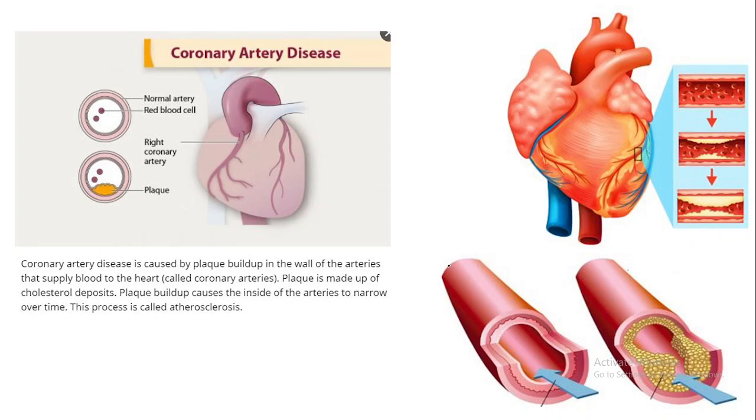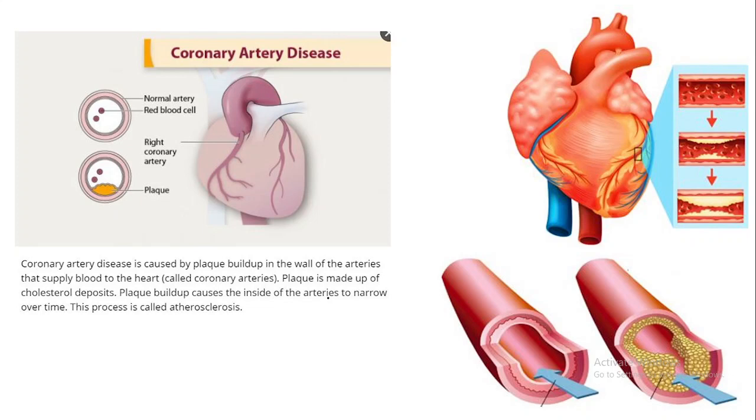Coming to another heart disorder called coronary heart disease. Coronary heart disease is the condition where the coronary artery is affected. As mentioned in the previous slides, the coronary artery is the artery which branches from the aorta. It supplies oxygen, nutrients, and all the essential elements for the functioning of the human heart muscle.